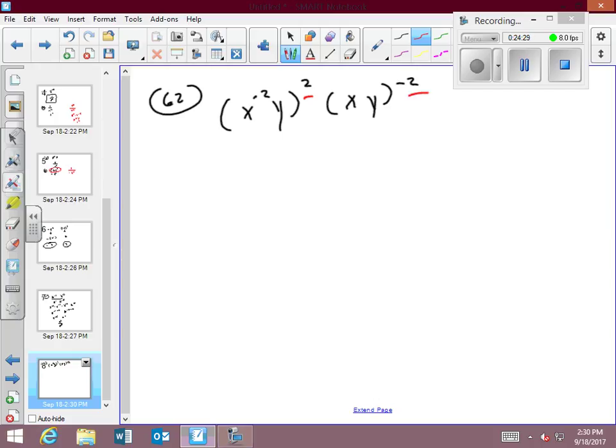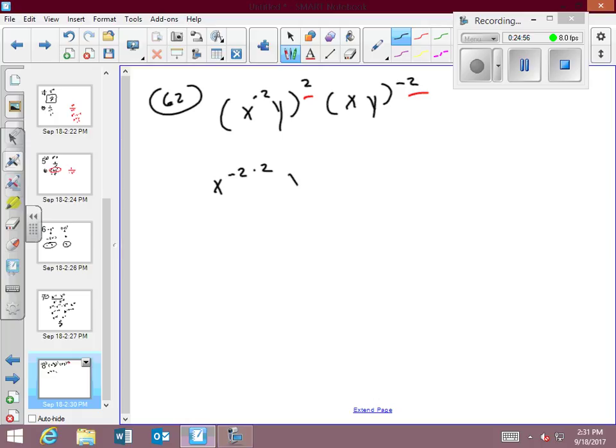And what would you do with those in terms of what their powers are? Multiplying by the exponents in which they're bracketed, right? So you'd go this x to the minus 2 that's inside there, and you multiply it by that exponent 2. Is that right?